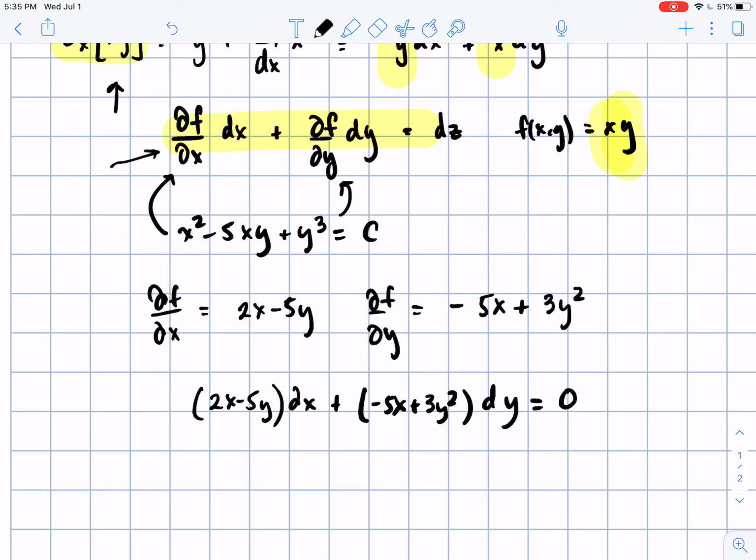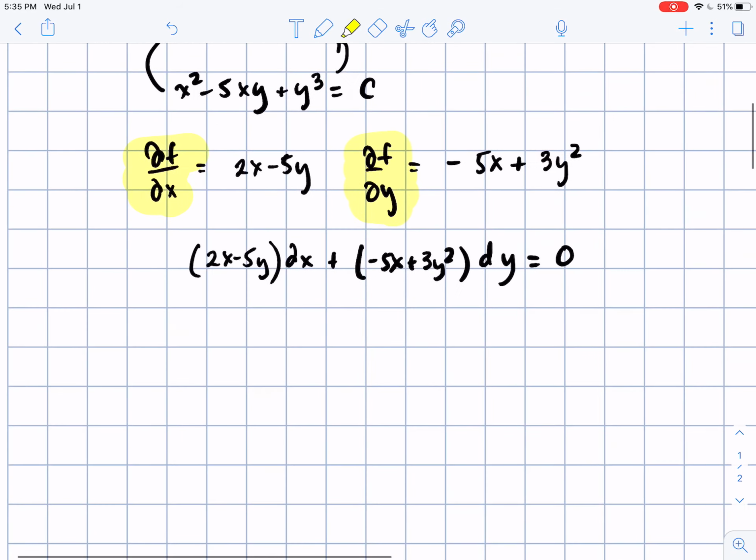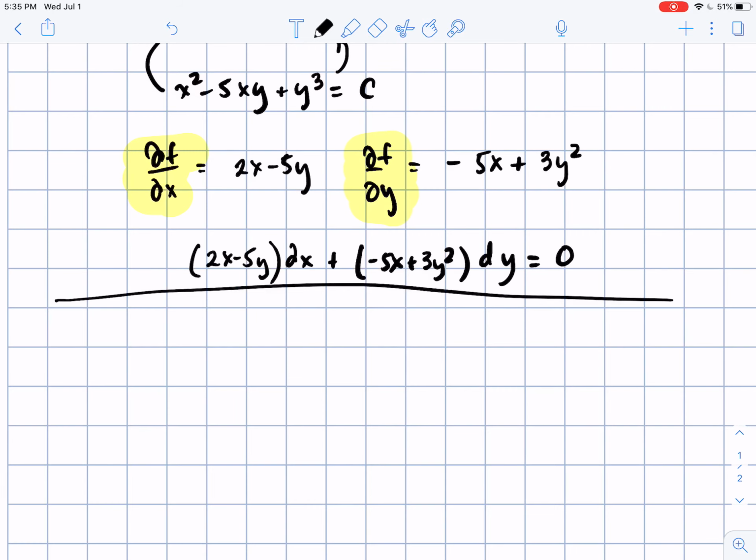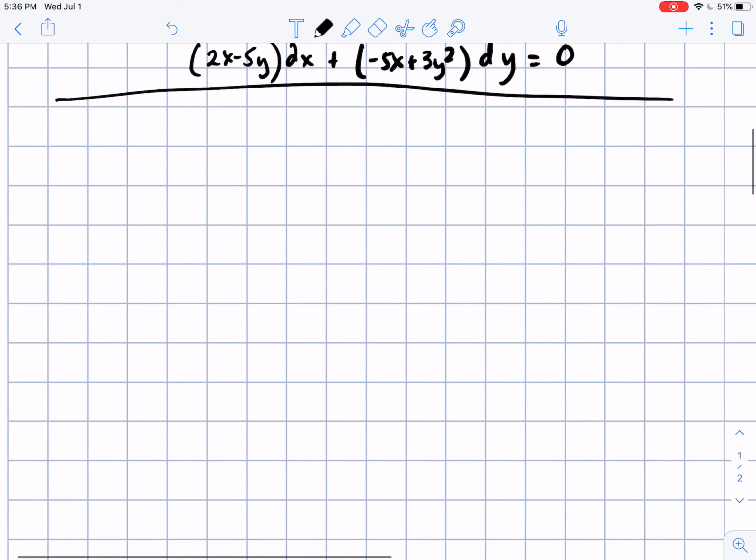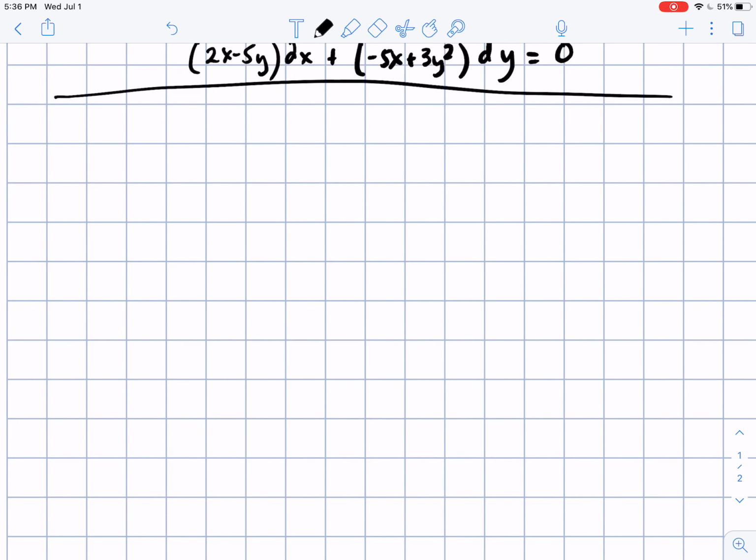Okay, and you can see that's how this type of notation would work. But the reason why I want to show you that is knowing our partials is a way to check and then work ourselves backwards to try to find a solution. Okay, again, just theory there, just some notation properties, so don't worry so much about that, because what you're going to want to see is, how do we tell that we have an exact equation?